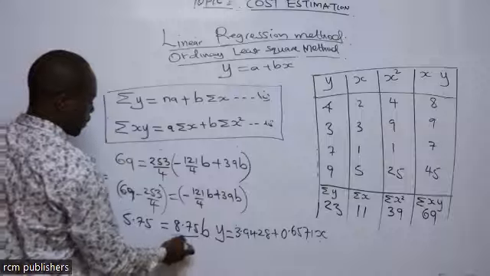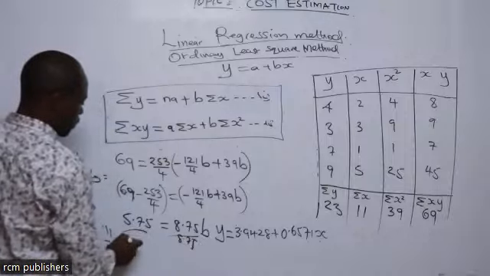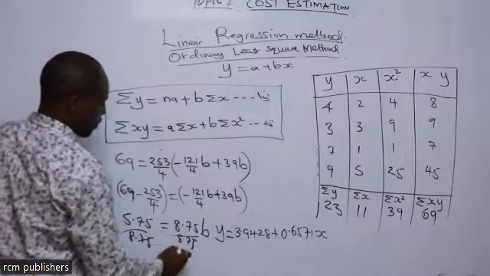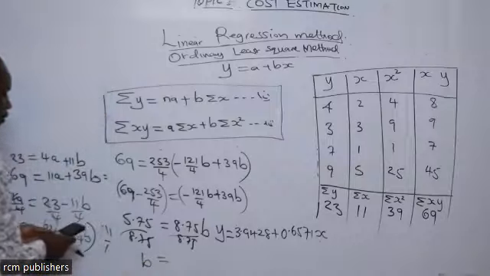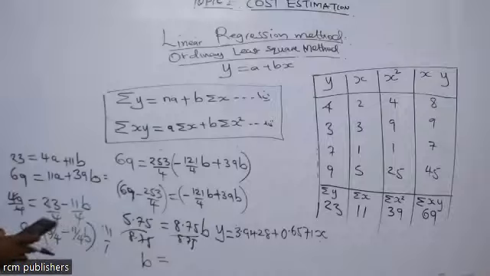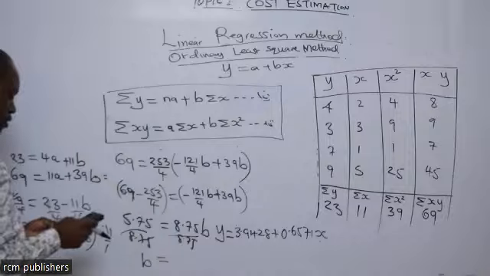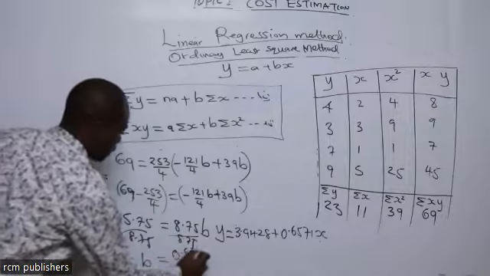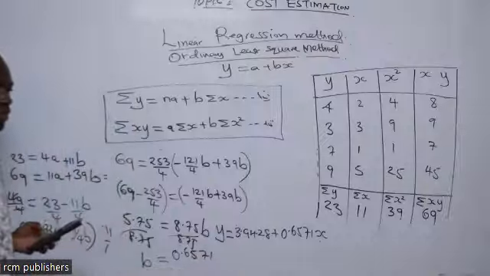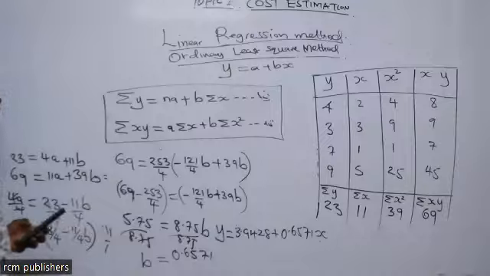So just divide by 8.75. The value of B is equal to 5.75 divided by 8.75. To 4 decimal places, 0.6571. That's what I am getting.